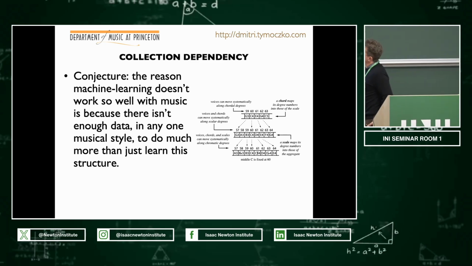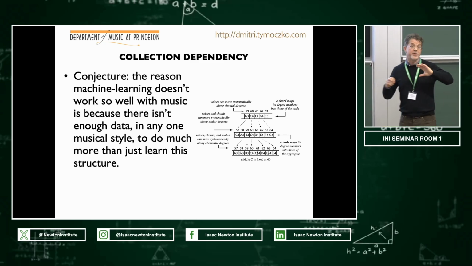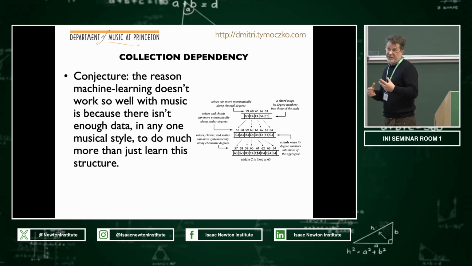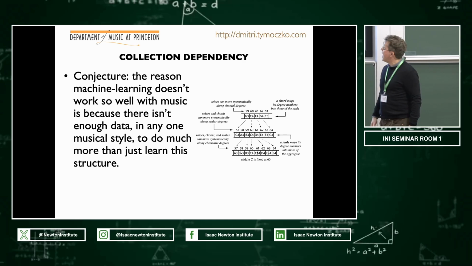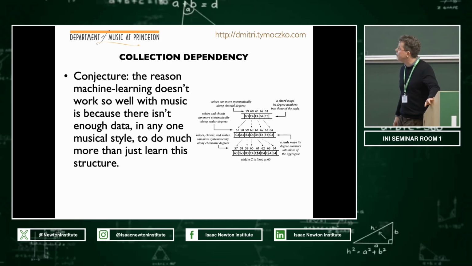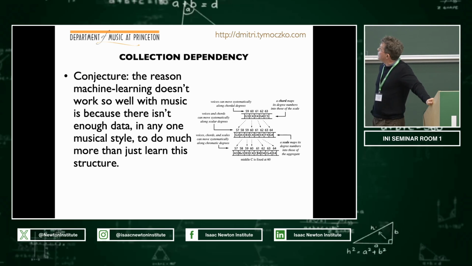I would also make the conjecture that machine learning works amazingly well for visual images, works somewhat okay for text, and is just terrible when it comes to music. When I hear AI music, it's not even remotely interesting to me.